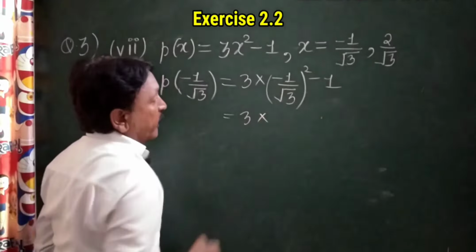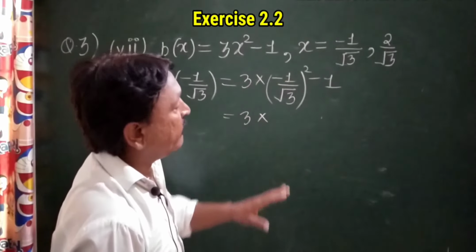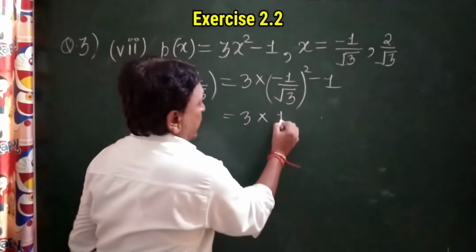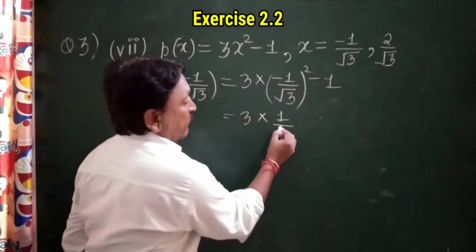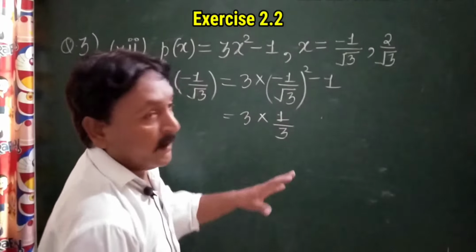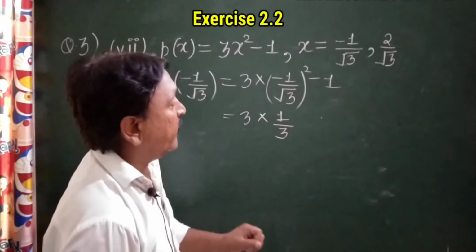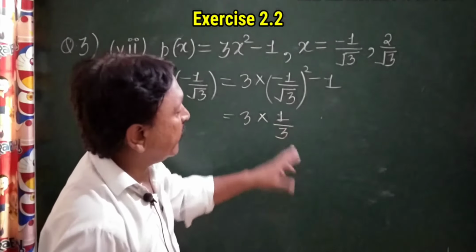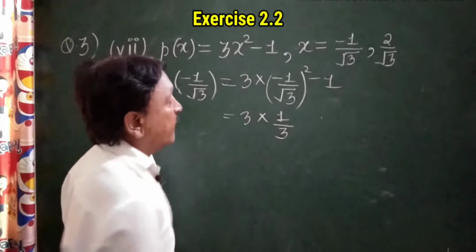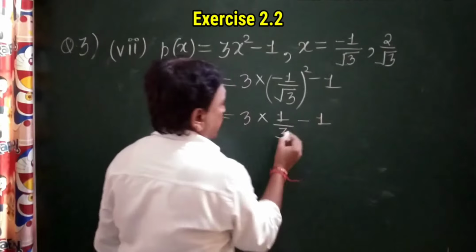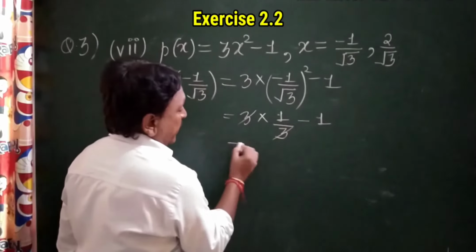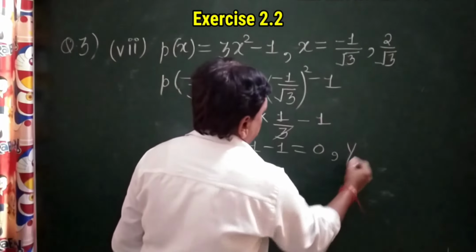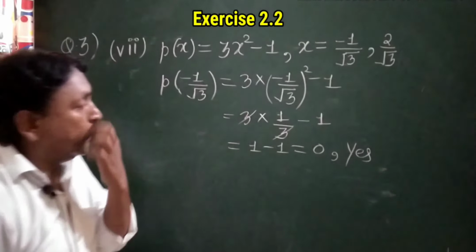When this bracket opens, everything will get squared: minus minus is plus, 1 square is 1, and root 3 square, we know, is only 3. Whenever we square any root, the root gets removed and only the number is left. Minus 1. 3 is cancelled by 3, 1 minus 1, the answer is 0. So we can say yes, it is a 0 of this polynomial.